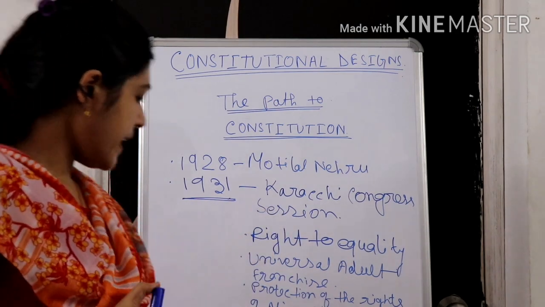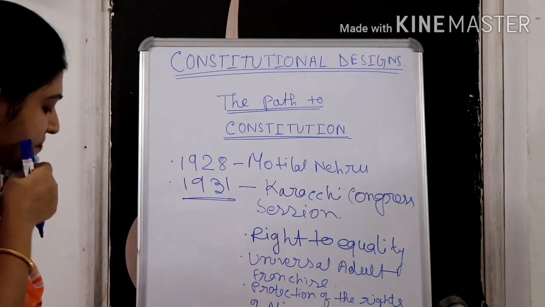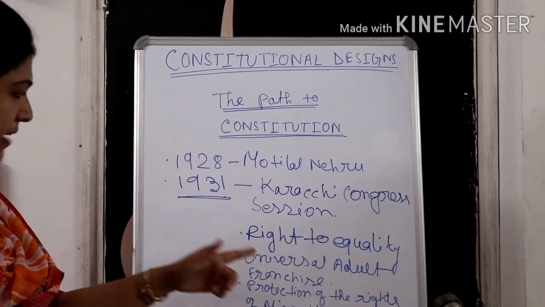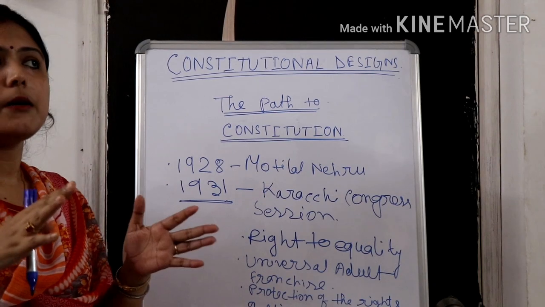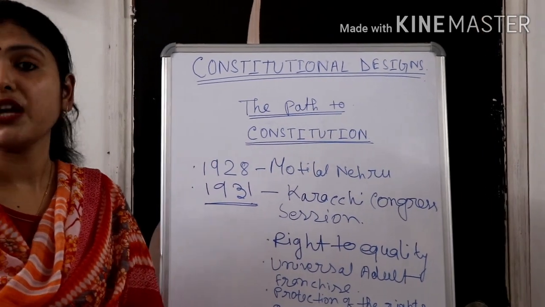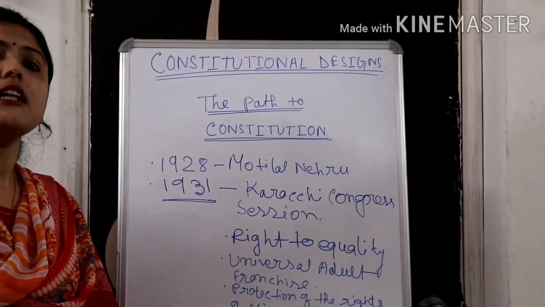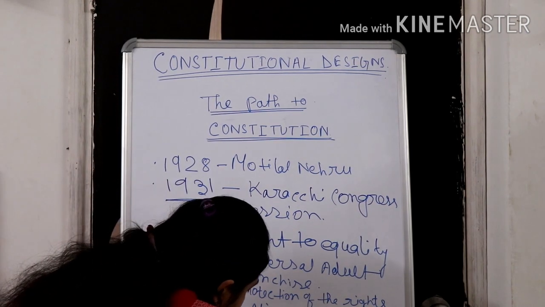Next, the protection of the rights of minority: those who are fewer in the population have full rights, and the government itself protects their rights. And the main thing, right to freedom.